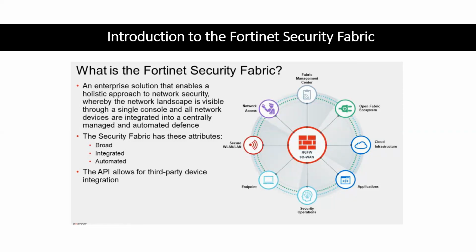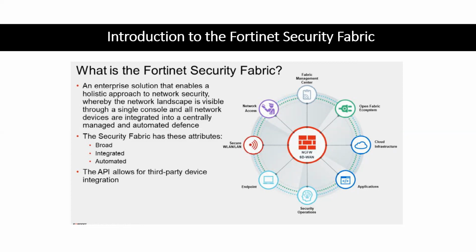We have network access, NAC, and we have our cloud infrastructure. Maybe we have some appliances in the cloud that we spun up; we can connect them to the fabric. Maybe we have applications, Fortinet applications, and outside applications outside of Fortinet. Maybe we have a SOC, which entails a lot of devices.